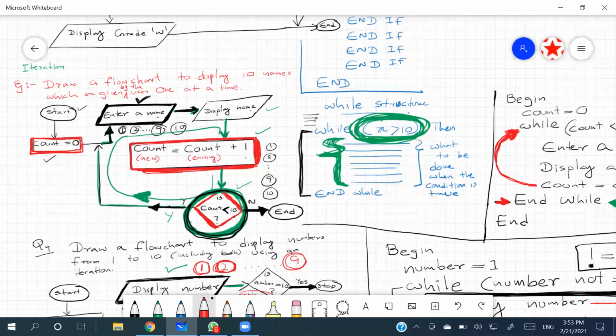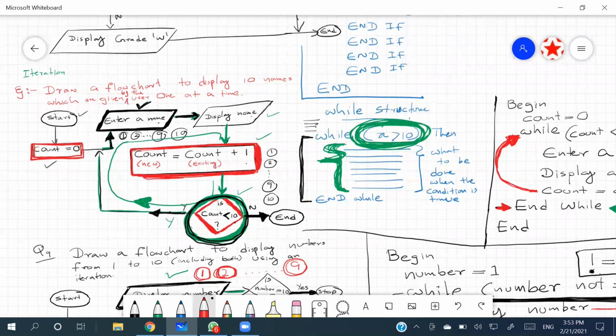Right, people, I have moved the screen. If you really want the flow chart, just let me know.